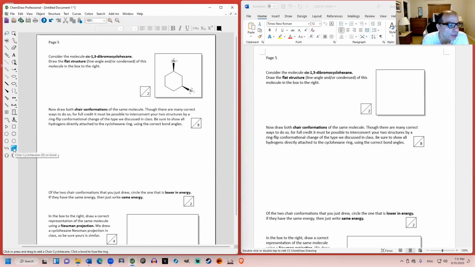So now draw both chair conformations. I'm going to make you very jealous. I can draw a chair cyclohexane in one mouse click. So we could put the two bromines. Maybe I'll put the first one here, though I certainly don't have to.